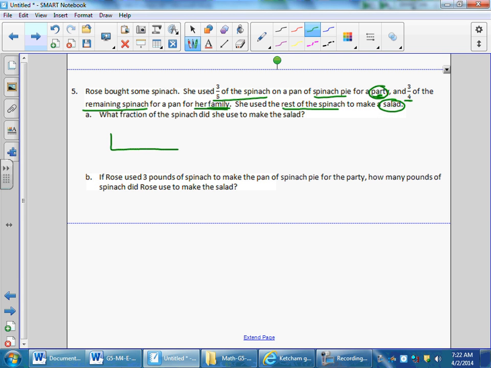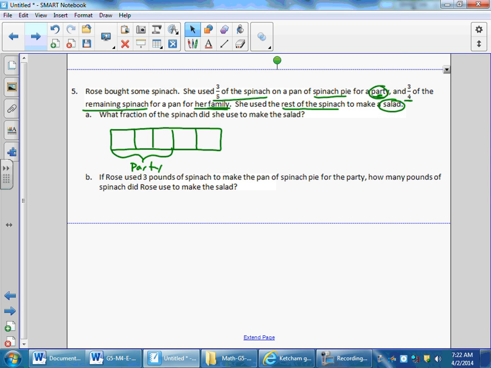I have 3/5 for a party. 3/4 of the remaining spinach. This is the remaining spinach.